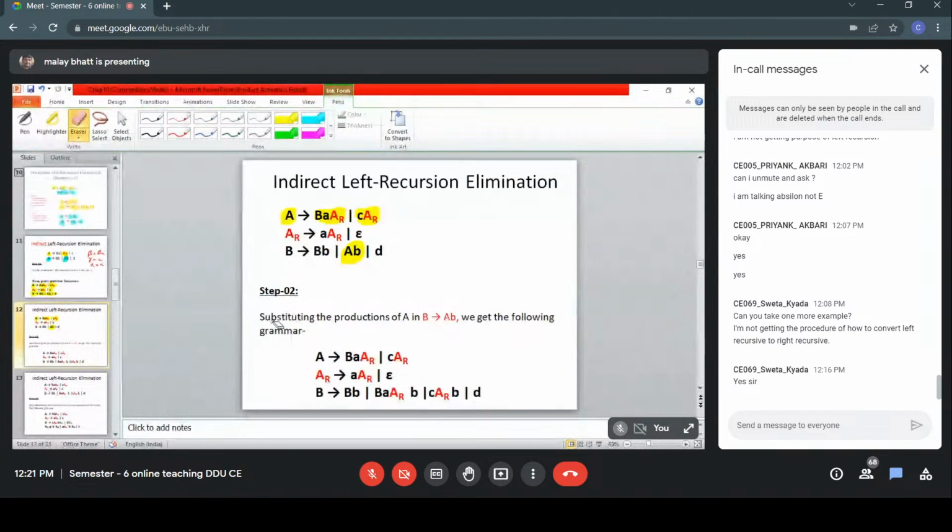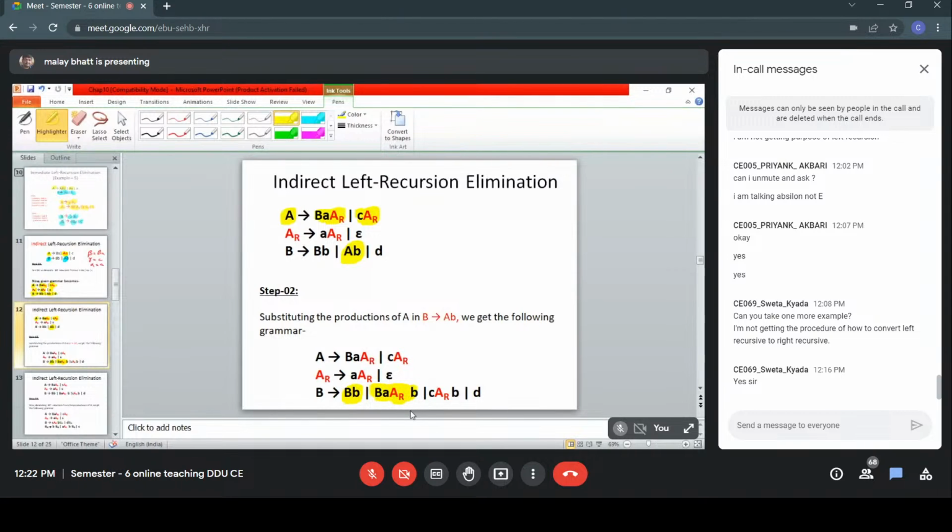So what we have to do? Substituting the productions of A in B gives AB. We get the new grammar like this. Now you can see that first it will be as it is, BB. Now I am replacing capital A with 2 alternatives. So we have a BA, ARB.